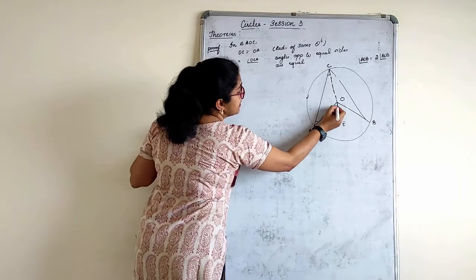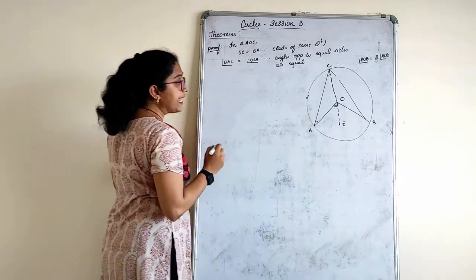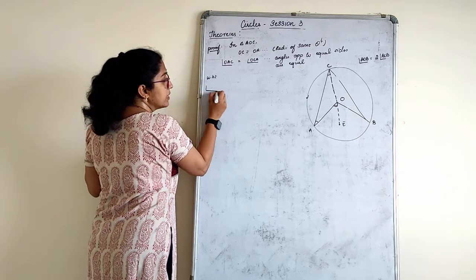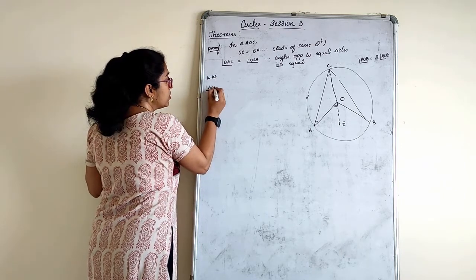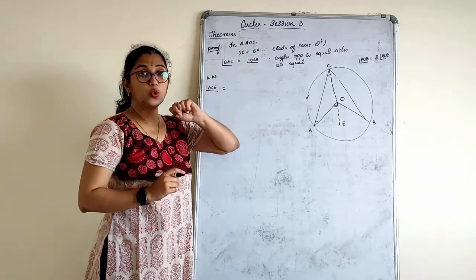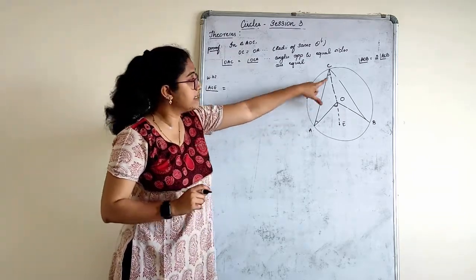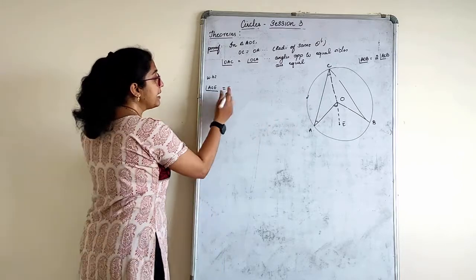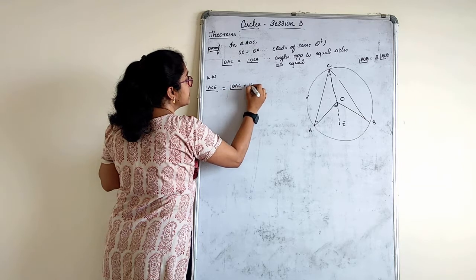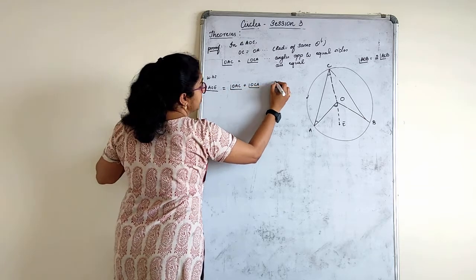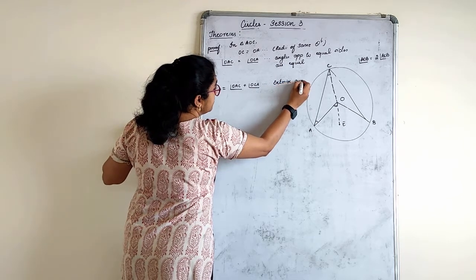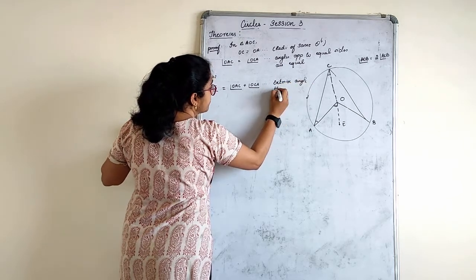Then, this is the exterior angle. We know that angle AOE, if it is an exterior angle, just look, which are the two opposite interior angles? This plus this, right? Angle AOE is equal to angle OAC plus angle OCA because of the exterior angle theorem.